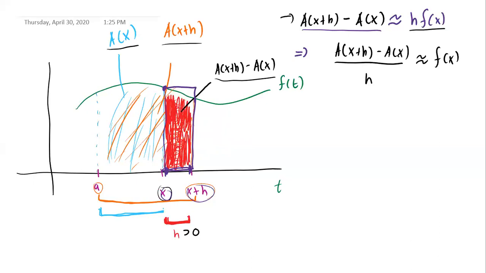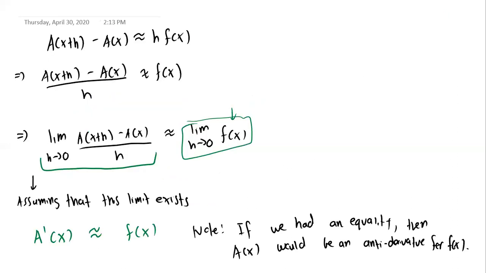By looking at the picture, we saw that the exact area was given by this expression: just take the area of the whole thing and subtract the area on the interval a to x. And then we saw that using one rectangle with the left endpoint approximation, we can approximate that area with this expression.